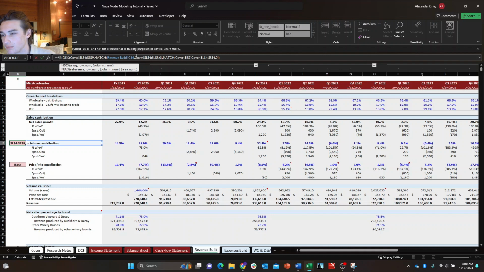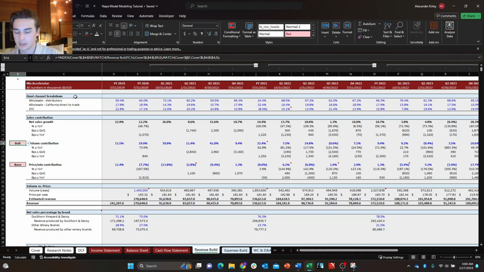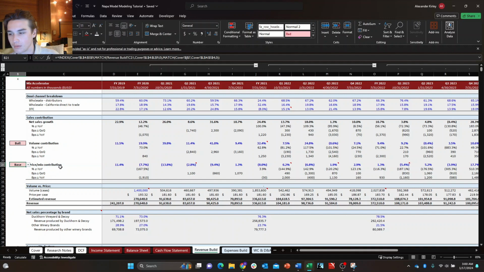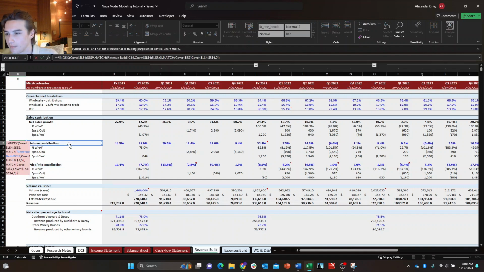This is not, but its reference is, as well as the button and the reference to the button. So I believe we can copy this and paste it there. And it's referencing price mix contribution. Just making sure here.